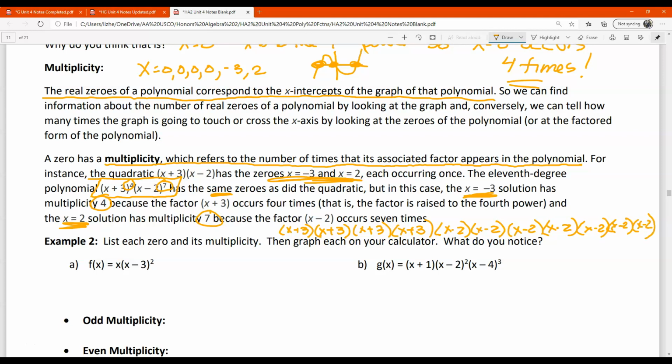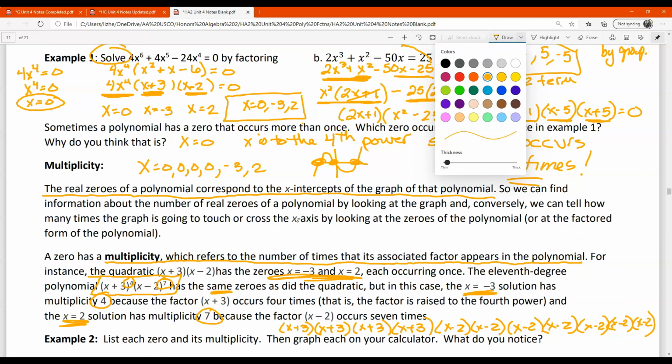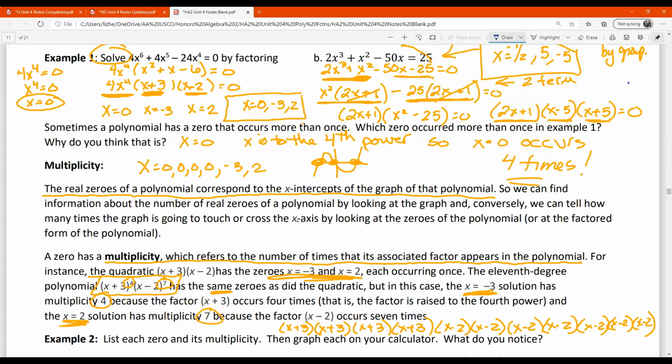And so that is multiplicity. How many times does it occur? Up here, when we had x to the 4th, we really had x, x, x, x. There are 4 x's. That's what that means. Therefore, we had x equals 0 4 times, multiplicity of 4.